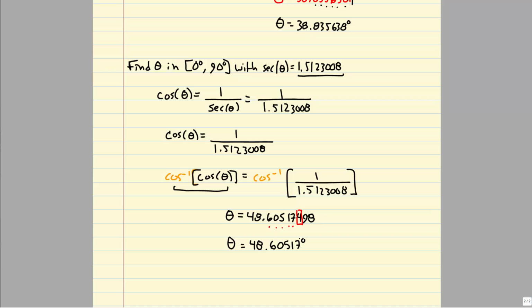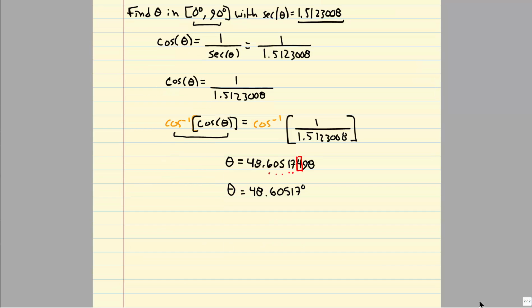Okay, so we just had to use this identity up here, that cosine is the reciprocal of secant, and then rewrite that in terms of cosine with 1 over the value, and then use my inverse cosine key. Now again, they only wanted us to find angles in 0 to 90 degrees, and this is in 0 to 90 degrees. So that worked out perfect.